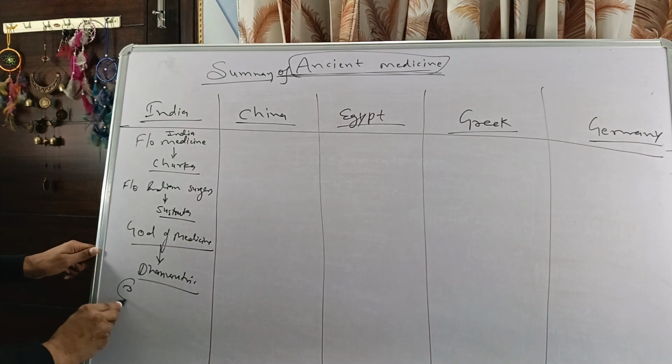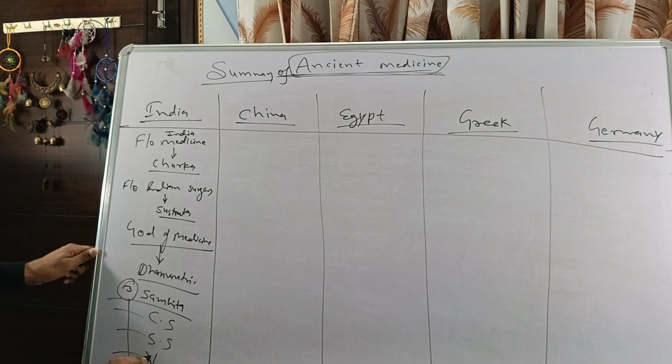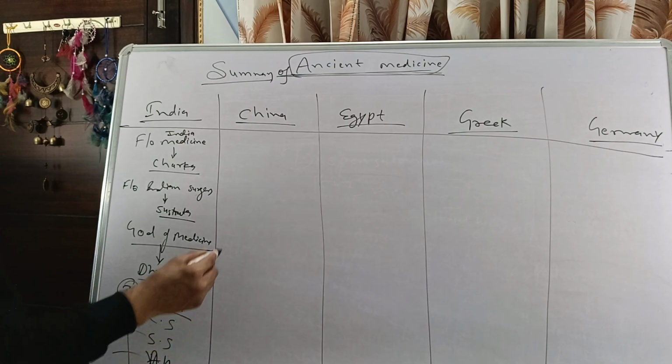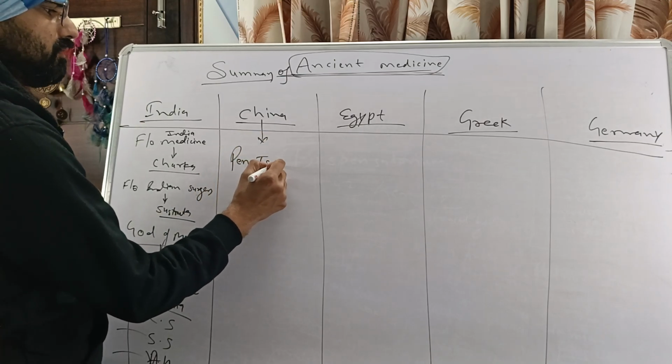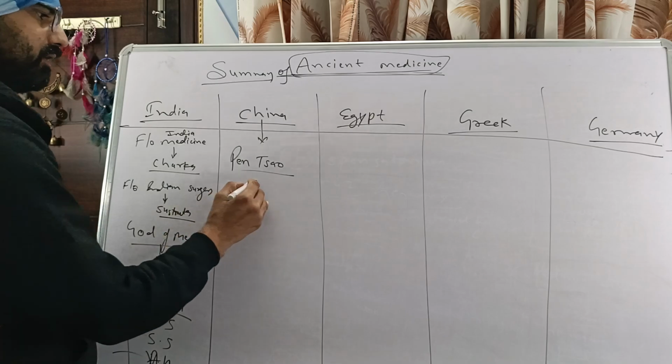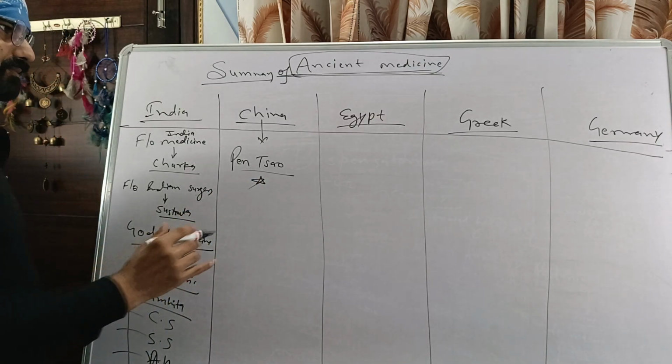And there are three great Samhitas: Charak Samhita, Susrut Samhita, and the Ashtang Hridayam Samhita written by Vagbhata. In the case of China, we have seen Pen Tsao was the important book, an herbal materia medica.